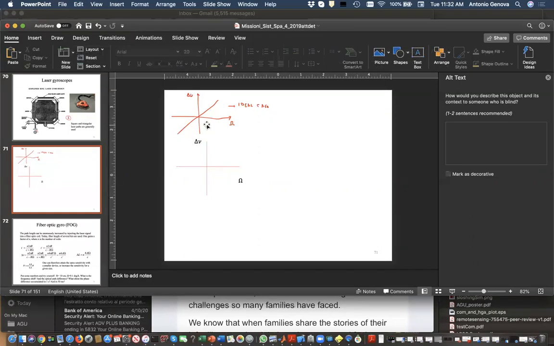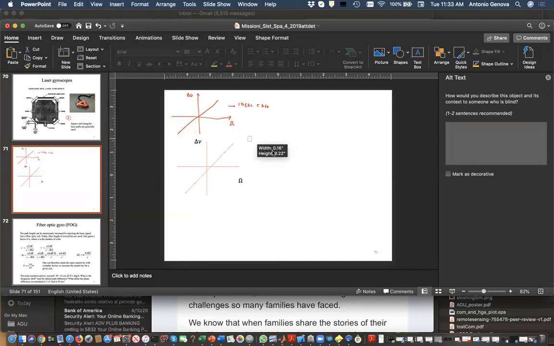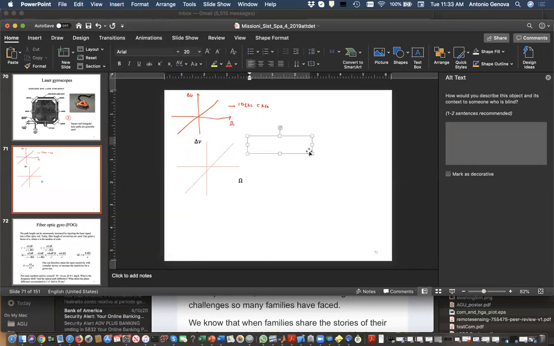Okay, so what you have here is that you're not going to have something that is going to pass through 0, but is going to pass close to 0. And this is called, let me insert another text box here. This is called non-zero null shift.